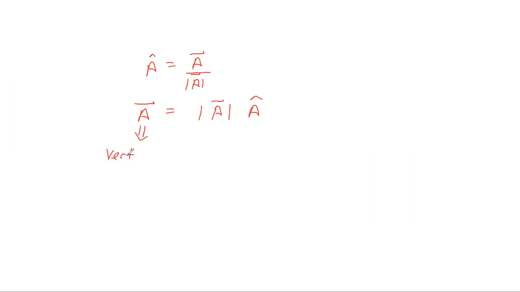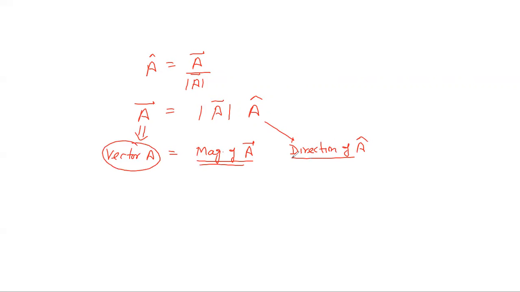So vector A, this gives the magnitude of A vector, and A cap gives the direction. Vector A is represented by magnitude as well as direction. So A cap gives the direction of any vector.